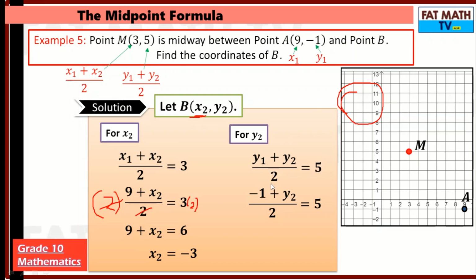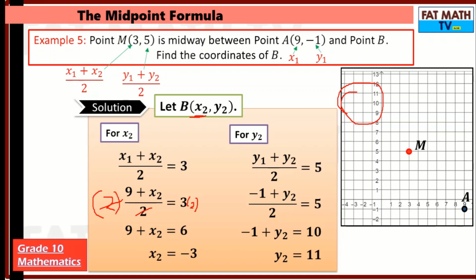You can do that simultaneously or you can do it one by one. So here in this video, I'm just showing the step-by-step process. So multiply both sides by 2, you will get negative 1 plus y sub 2 equals 10. And then add positive 1 to both sides of the equation, you will get y sub 2 equals 11. So y sub 2 is also solved.